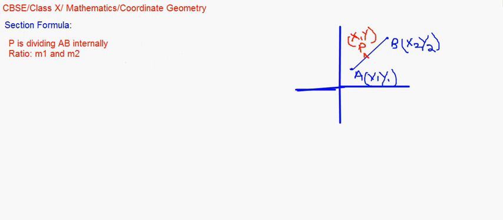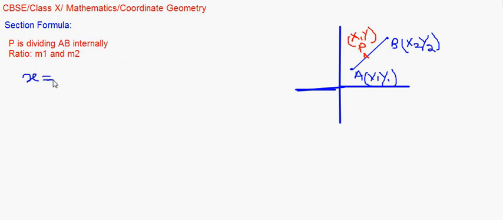Now I have already told you I'm assuming A to have coordinates x1, y1 and B to have coordinates x2 and y2.